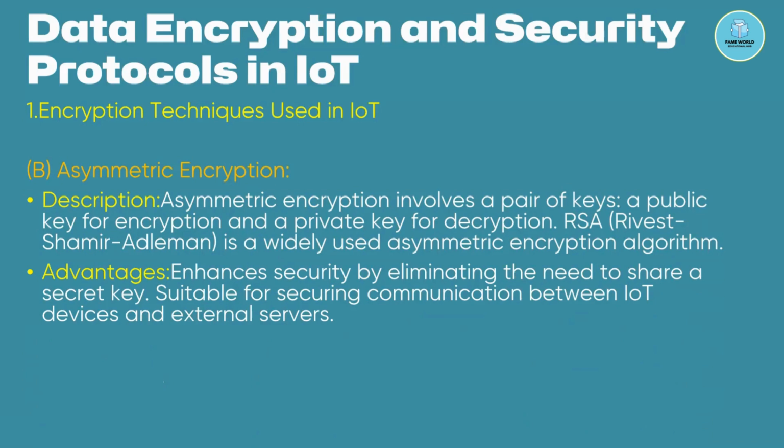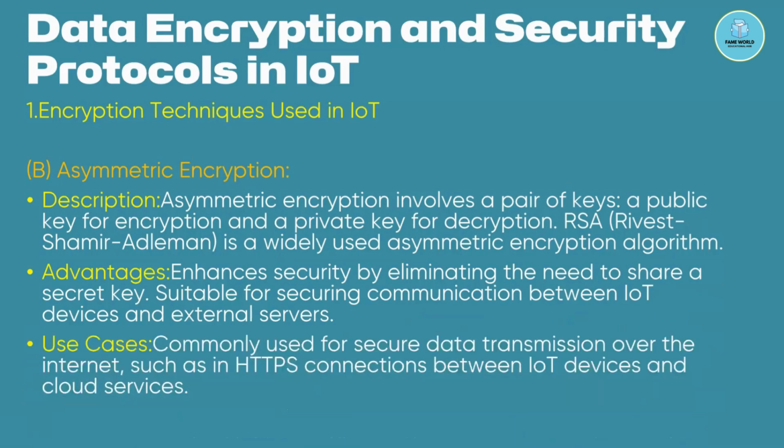The receiver has another key for decryption that is different from the encryption key. It is suitable for securing communication between IoT devices and external servers. The use case is commonly securing data transmission over the internet, such as HTTPS between IoT devices and the cloud services.